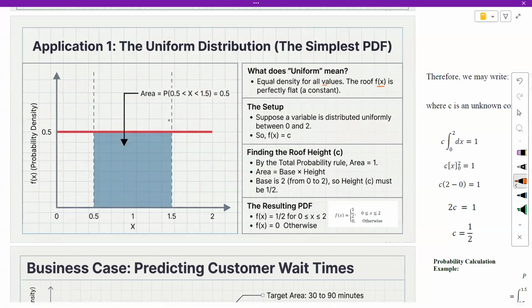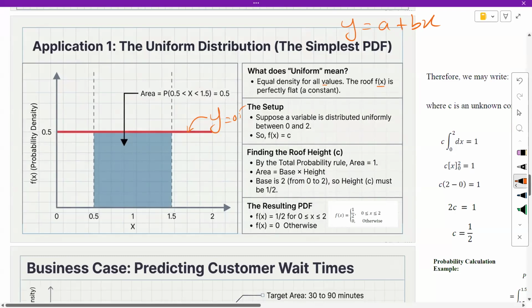For example, here, what's the function of this curve? Y equals 0.5. Normally a curve like this would be y equals a plus bx.